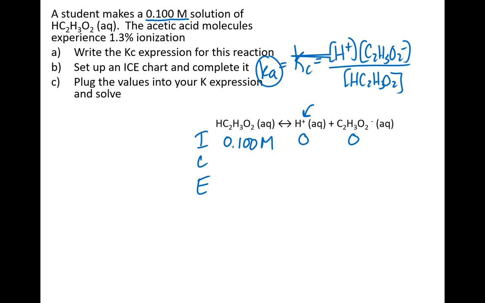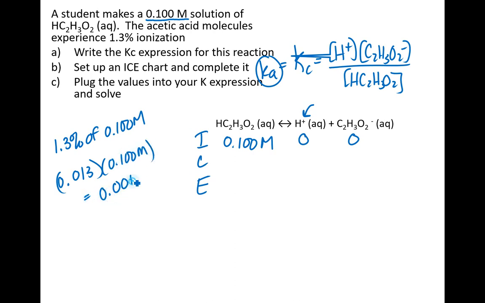What that means is 1.3% of it reacts. So I want to know what is 1.3% of 0.1 molar. I'm going to take 0.013 times 0.1 molar, and that is 0.0013 molar. So that is how much of my reactant gets used up.